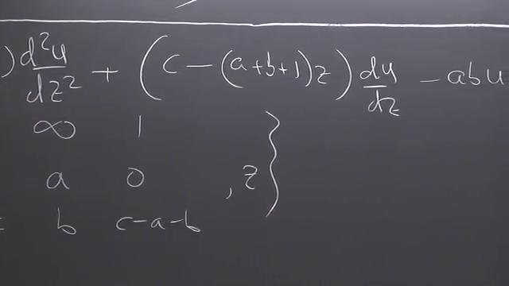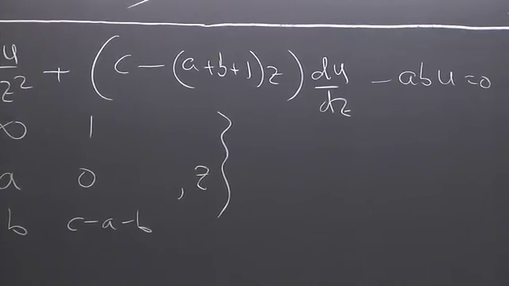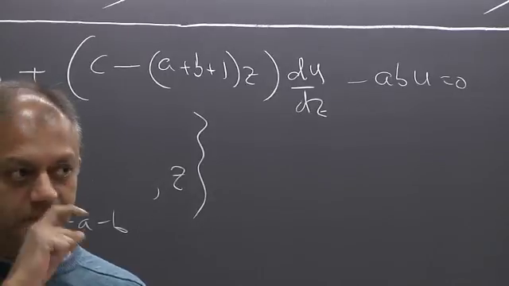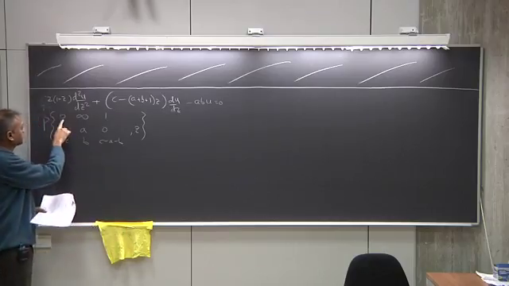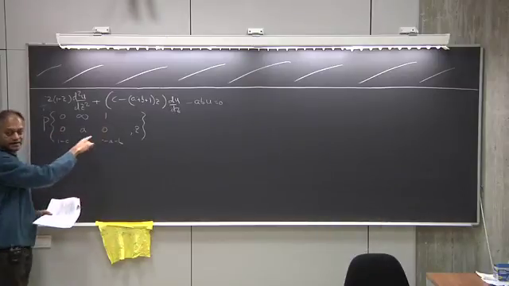Then we said, looking at this, there is one solution, if you make a power series expansion, which is analytic at z equal to 0. Similarly, there is one solution which is analytic at z equal to 1.